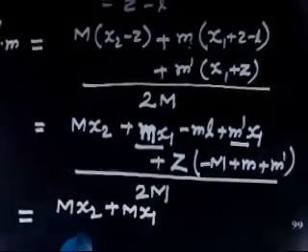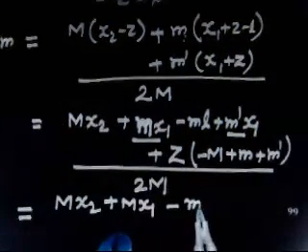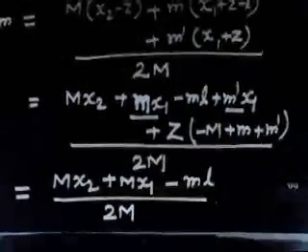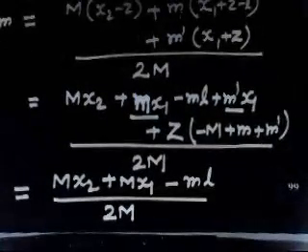Are you getting? Because m plus m dash is capital M, minus m into L, divided by 2m. Are you getting? And now it is very simple to find the difference in the initial xcm and the final xcm.